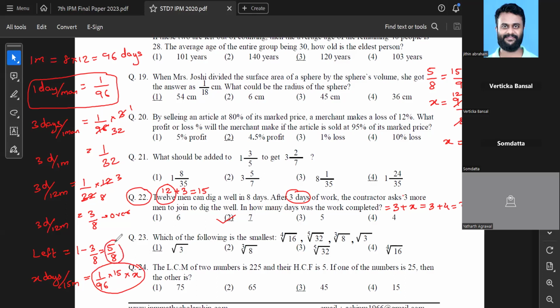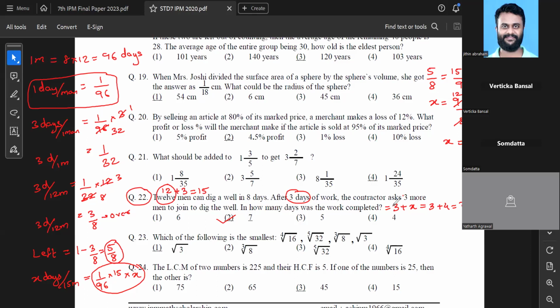We have to complete 5 by 8 of work in X days, so I've equated 5 by 8 to 1 by 96 multiplied by 15 multiplied by X. I take 96 to the other side, it becomes multiplication. I take 15 to the other side, it becomes division. I cancel the numbers, I get X equal to 4 days.